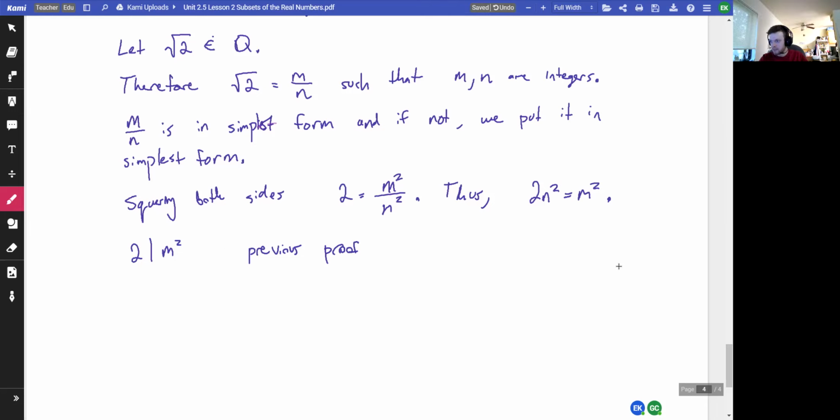I'm actually going to put that in between this previous proof part. Sorry to those taking Cornell notes. 2 divides M squared implies 2 divides M by previous proof. Okay. What does that say about M?